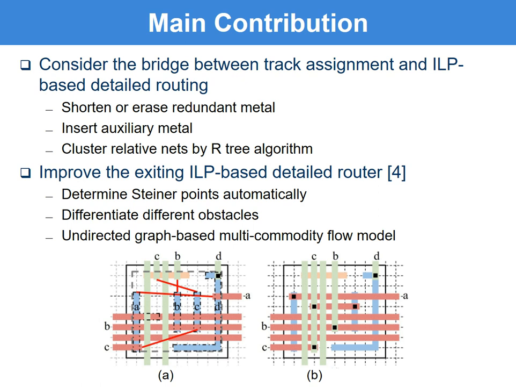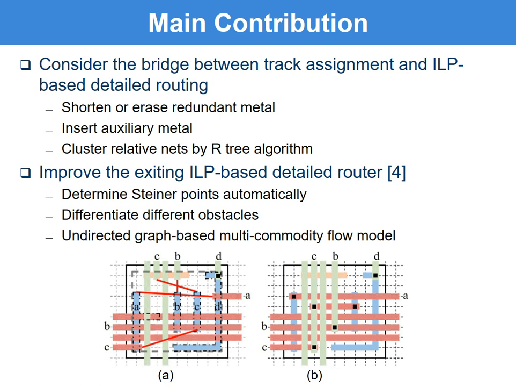For instance, we automatically determine standard points and differentiate between different obstacles for different nets when dealing with multi-pin nets. In contrast, the previous study simply chose a standard point and treated all nets as separate entities, regardless of whether they were the same net. As illustrated in Figure A, some connections require completion during detail routing.